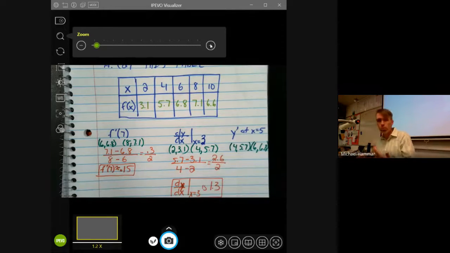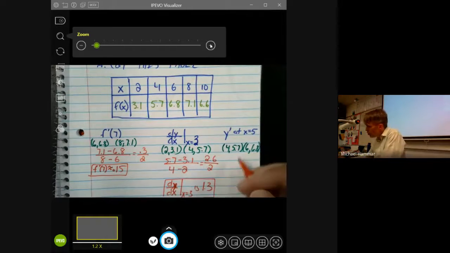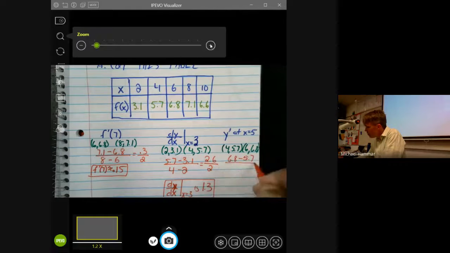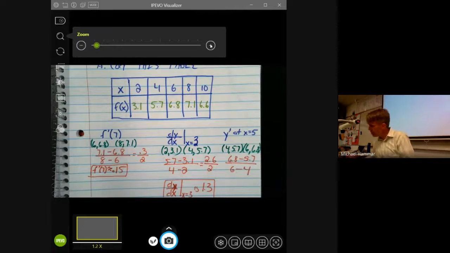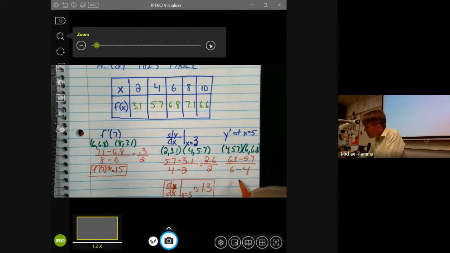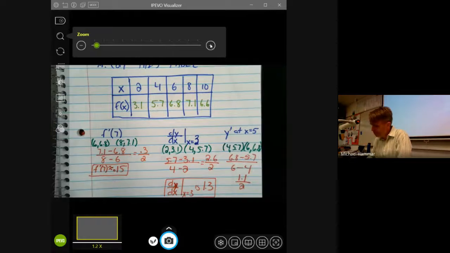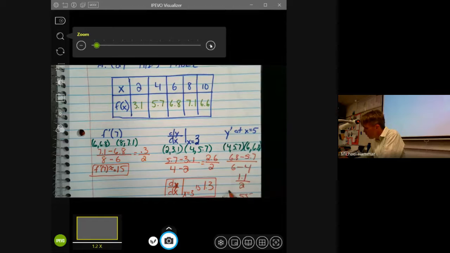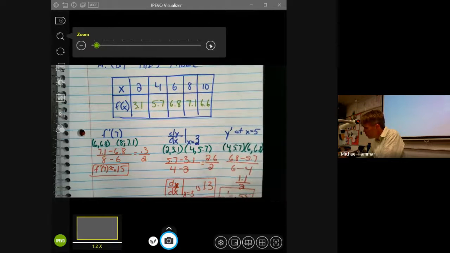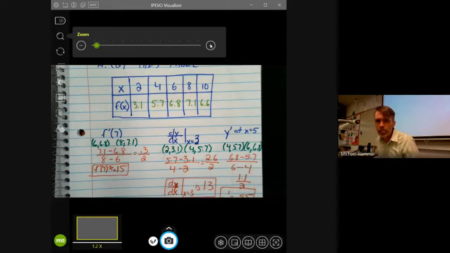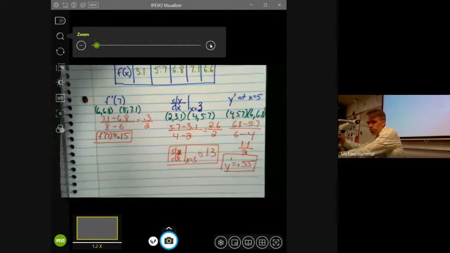And you're going to need to do the average rate of change again. So it'll be 6.8 minus 5.7 over 6 minus 4. So 6.8 minus 5.7 is 1.1 over 2, which ends up being 0.55. So y prime is equal to 0.55 at x equals 5.